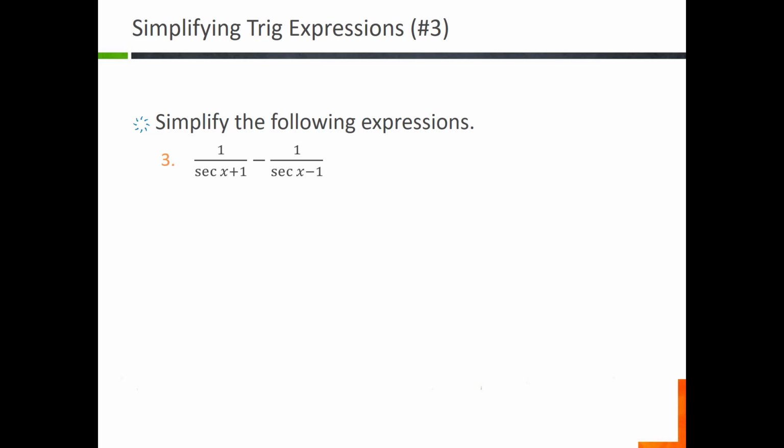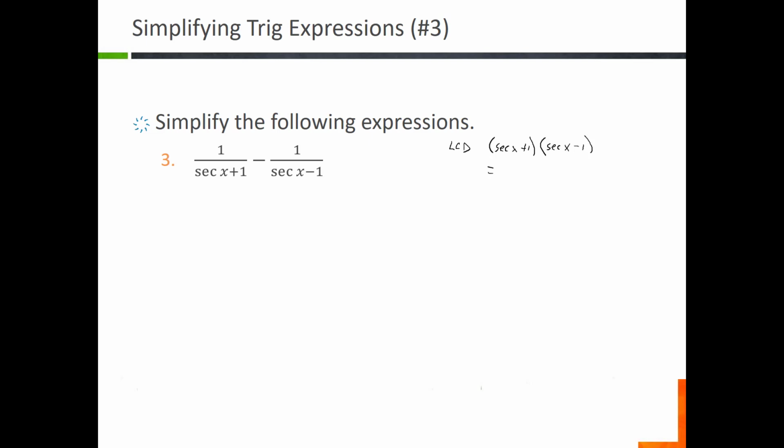So let's first get a common denominator. If I have secant x plus 1 and secant x minus 1, then my least common denominator would be their product. So we could do secant x plus 1 and we could do secant x minus 1. So let's FOIL this out and see what we get.